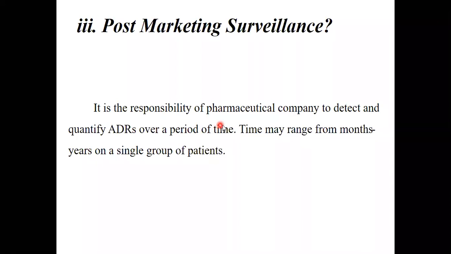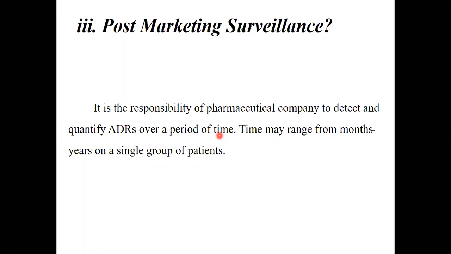So, a company which has launched the product or the drug, it is its responsibility to detect and quantify, and for a period of time, like say 6 months to 1 year or maybe 2 years, depending on the nature of the drug effect and also the type of consumption of the drug.